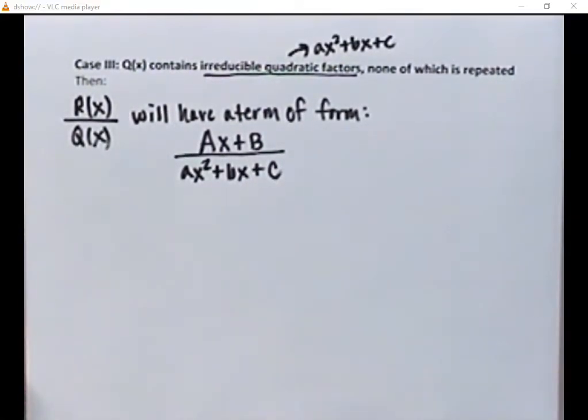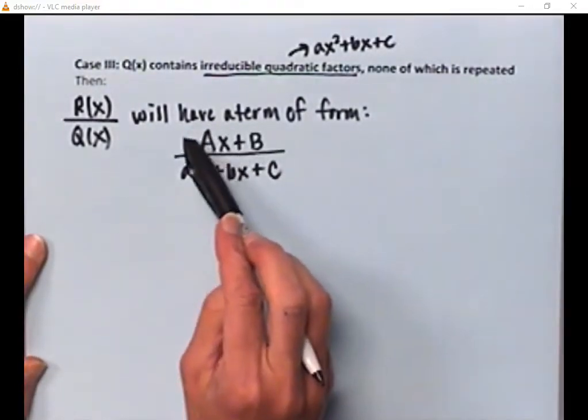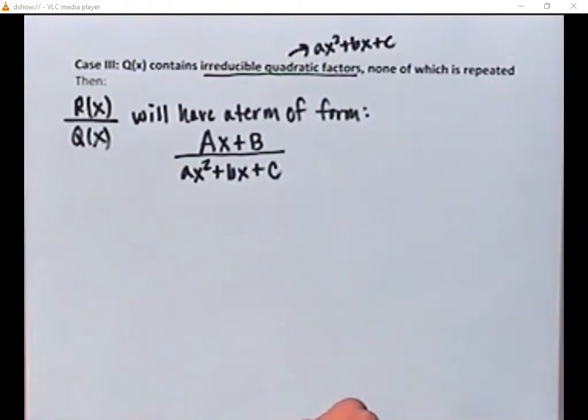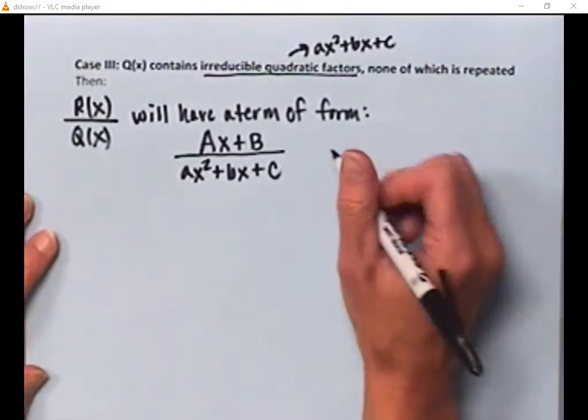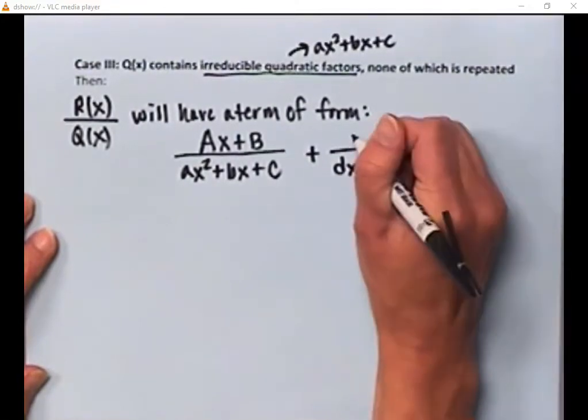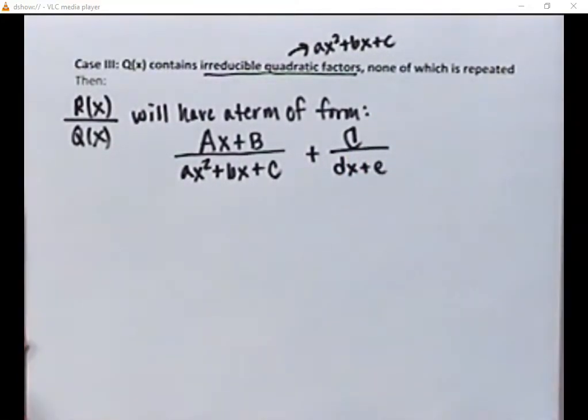So one other thing before we go and do the next example with a quadratic factor in it. Question? Yes, this whole expression will be part of the numerator, but it could have with it some other terms. If you have some other linear factors, let's say dx plus e, then we would just put another constant over there, like c.